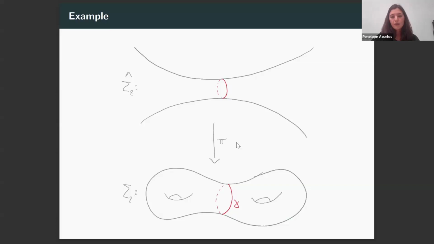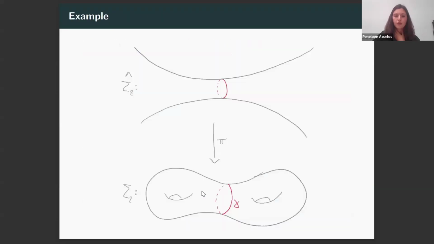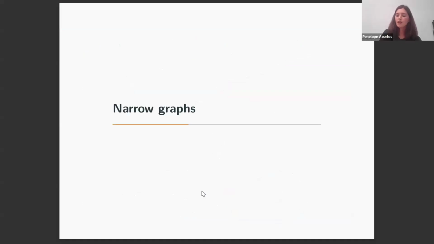So I'll present a different geometric condition which can be used to spot these subgroups, and then ultimately the result will have to involve something algebraic, but this something algebraic will be a fair bit weaker than any of these assumptions. So the geometric condition in question is narrowness.